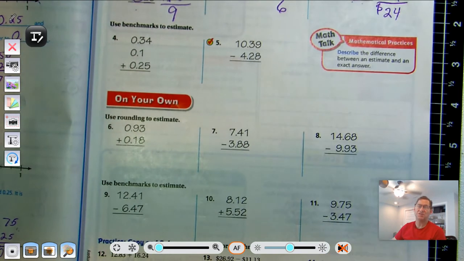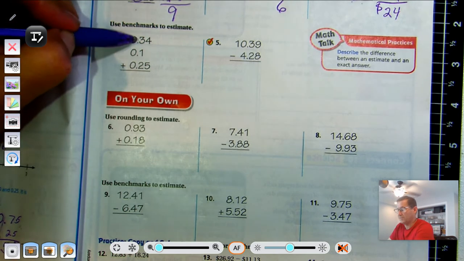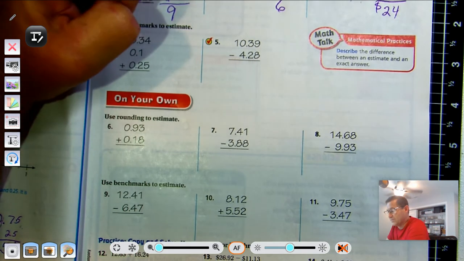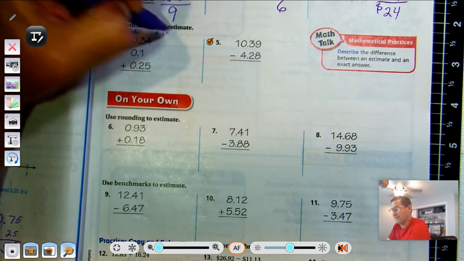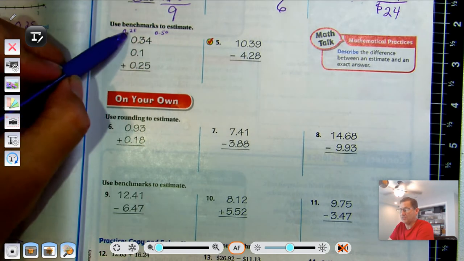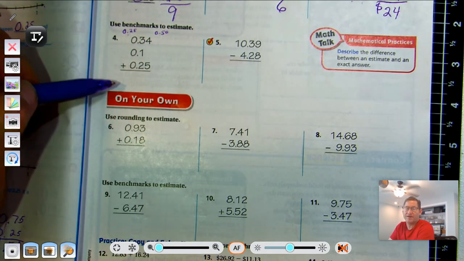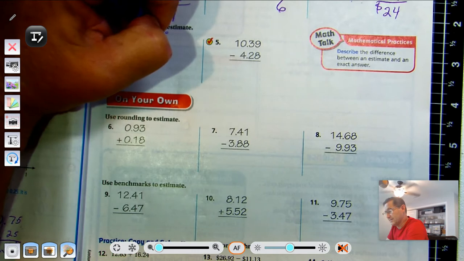Number 4, use benchmarks to estimate. So 0.34, that's in between 0.25 and 0.50. Well, it's only 9 hundredths away from 25, right? 25 plus 9 is 34, which means it's closer to 25 hundredths.